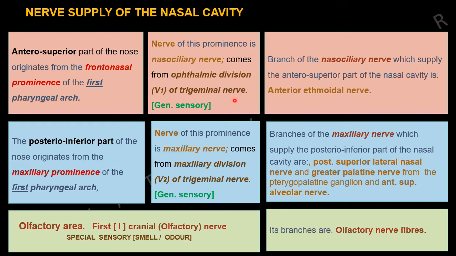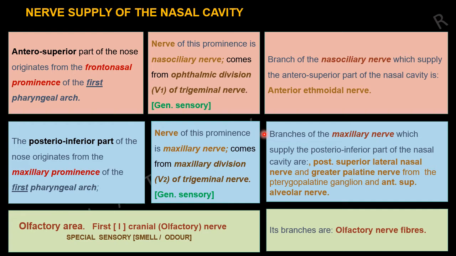For general sensory supply, the branch of the nasociliary nerve which supplies the anterior superior part of the nasal cavity is the anterior ethmoidal nerve. The posterior inferior part of the nose originates from the maxillary prominence of the first pharyngeal arch. The nerve of this prominence is the maxillary nerve, which comes from the maxillary division, the second division of the trigeminal nerve. That is also general sensory.